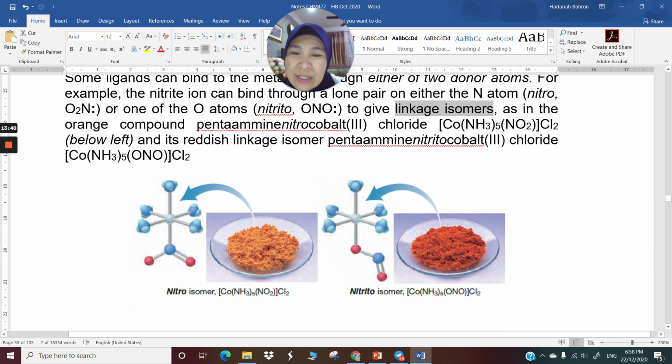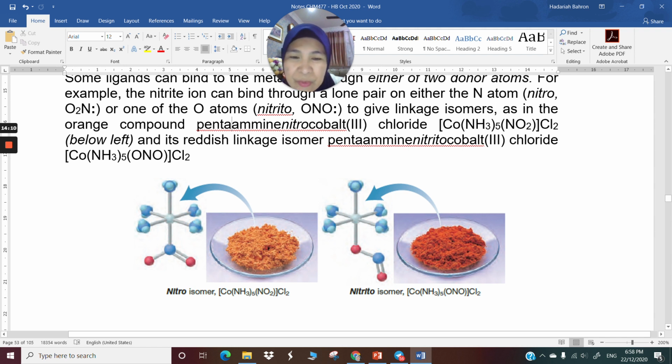So this orange compound here is pentaamine nitro-cobalt 3 chloride. It has a light orange color. This blue thing is nitrogen, and it is attached to that cobalt center, so it is attached through nitrogen.